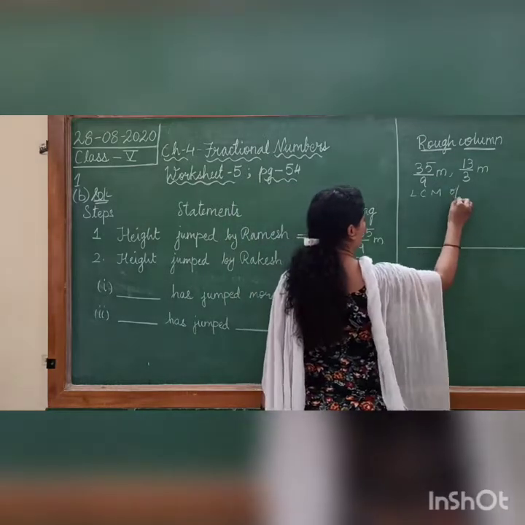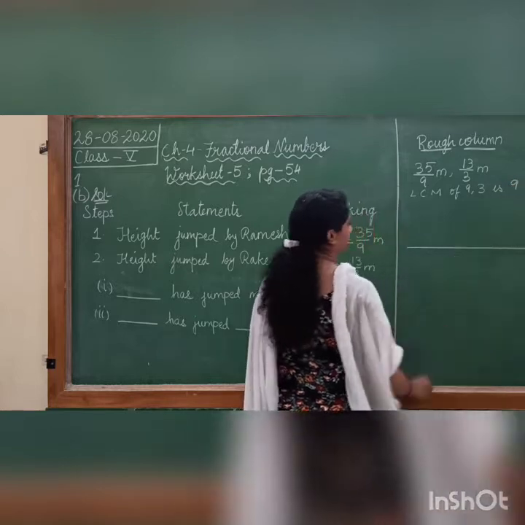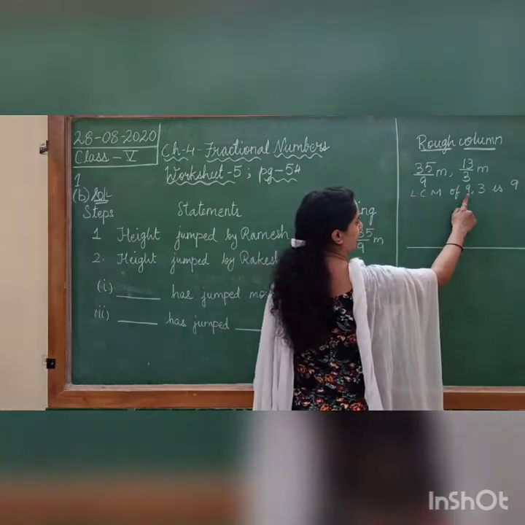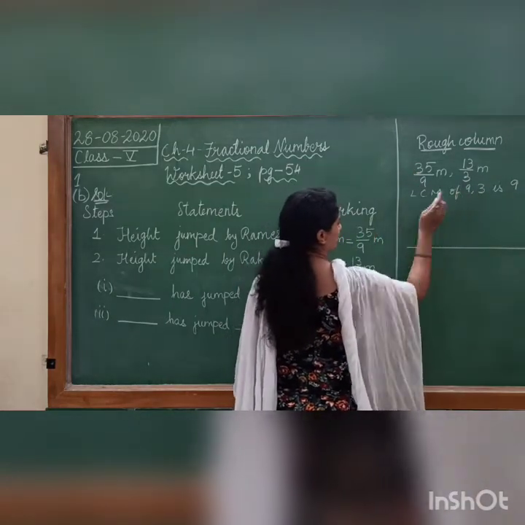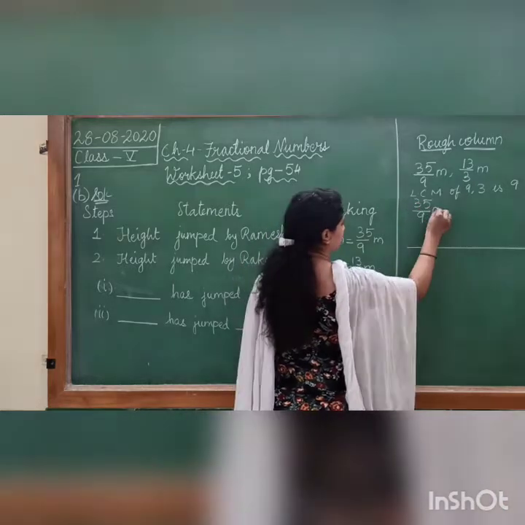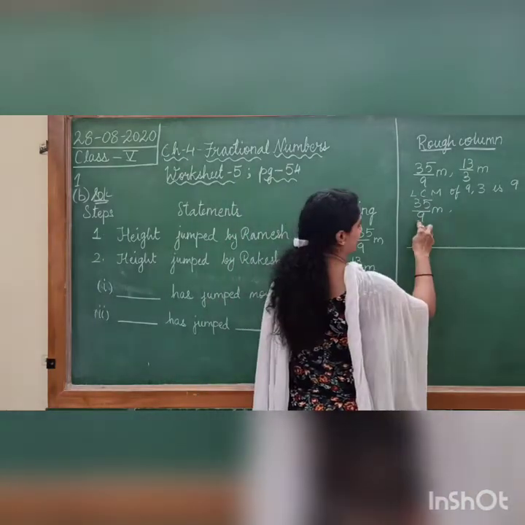LCM of the denominators: by doing prime factorization, we will find out the LCM of 9 and 3, that is 9. Now convert both the fractions into like fractions. 35/9 already has 9 as its denominator, so we do not have to convert.